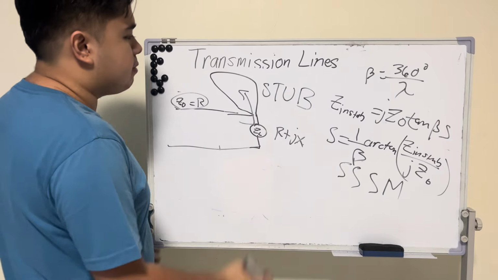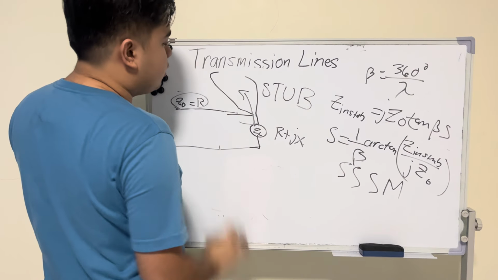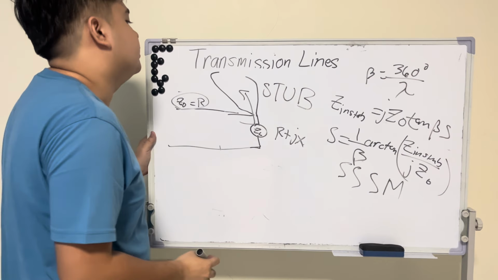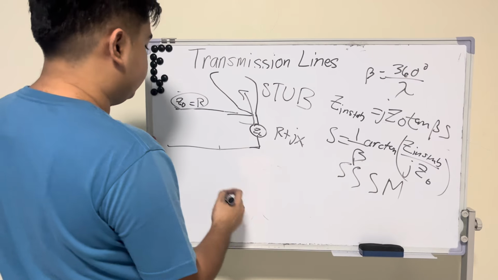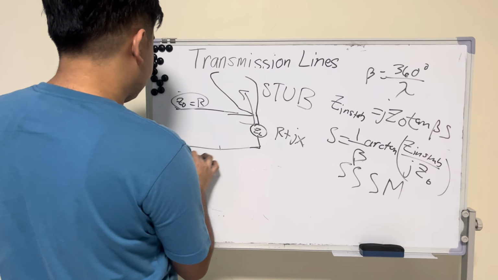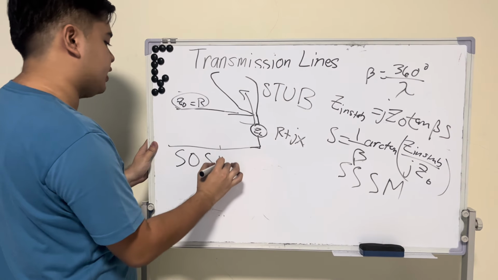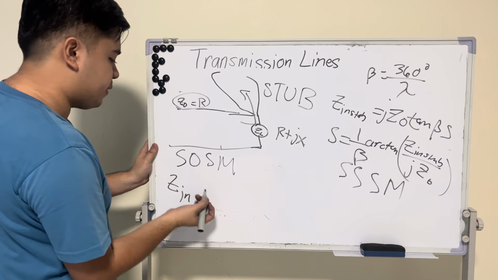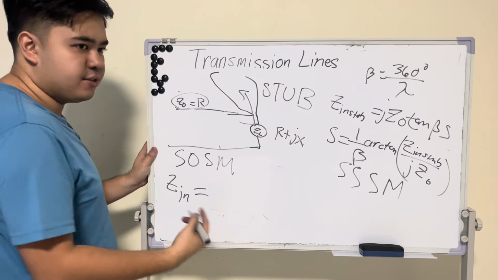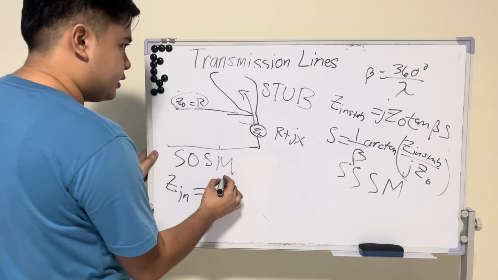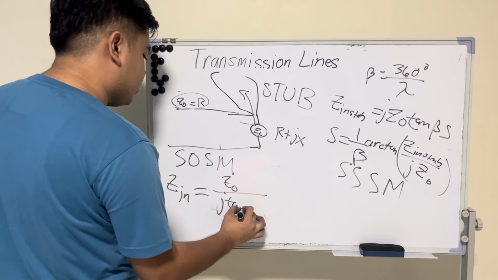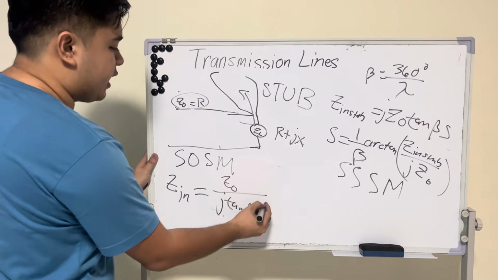Now, what about a stub that is open? So it's essentially just two wires. Well, for a series open stub matching, the formula for an open transmission line, or an infinite load, is Z0 over j tangent beta S. Again, we want the S in here.